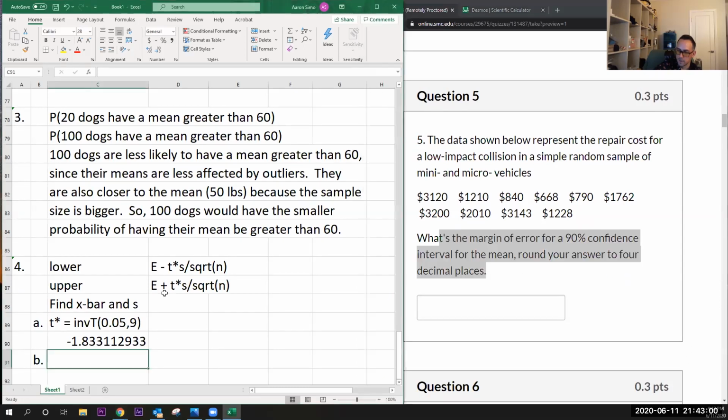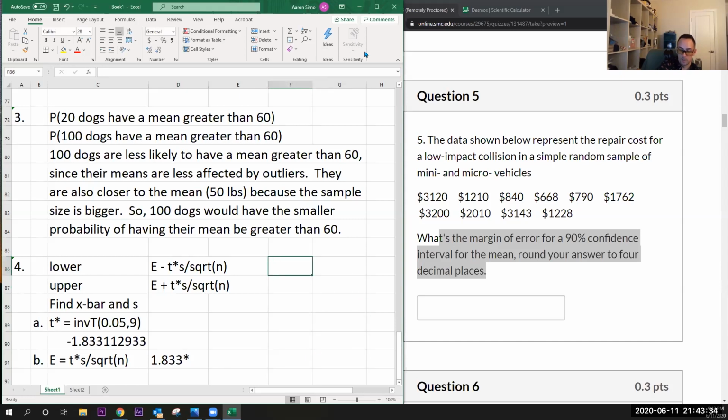So for the margin of error, E equals T star times S over square root of N. So it's just equal to 1.833 times S. What's S? Is that given somewhere? Oh, I have to plug that data in and find it.